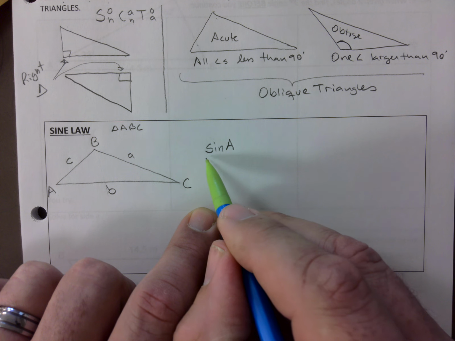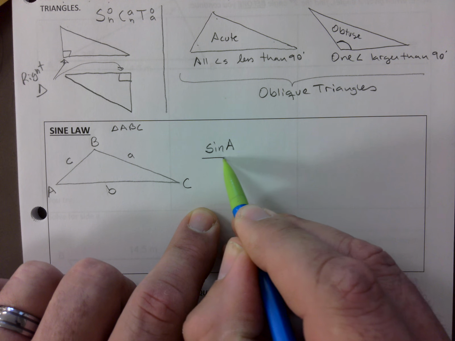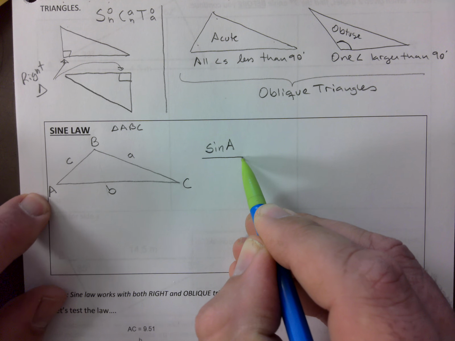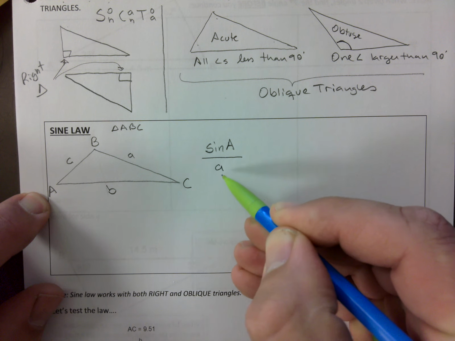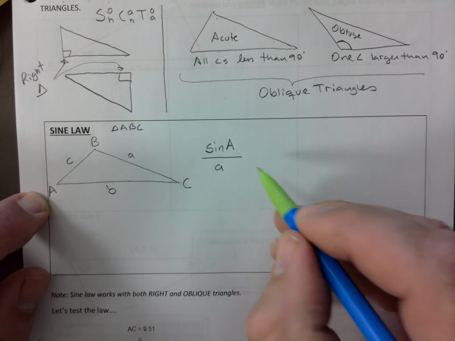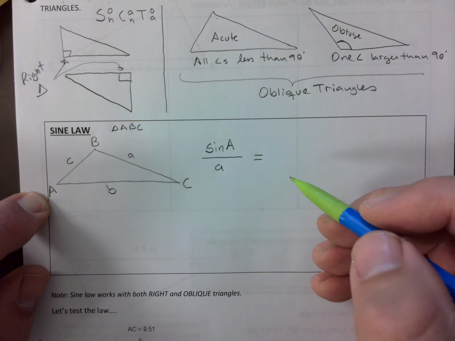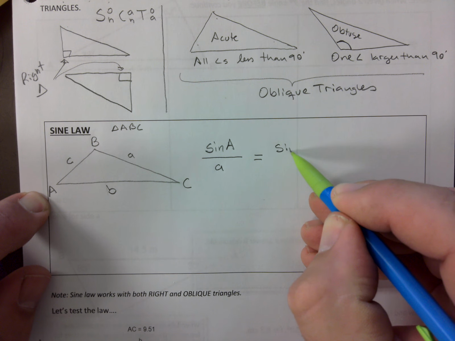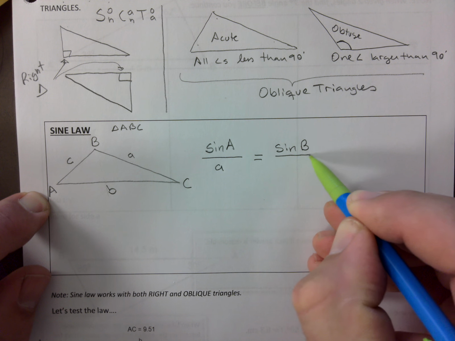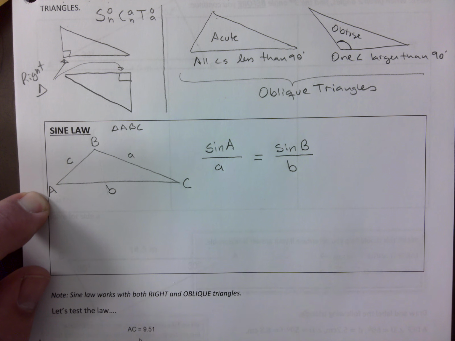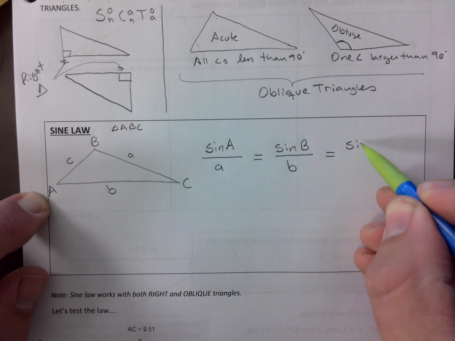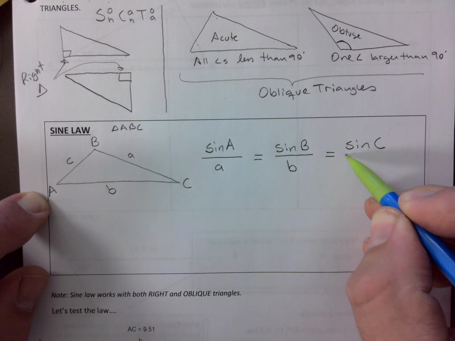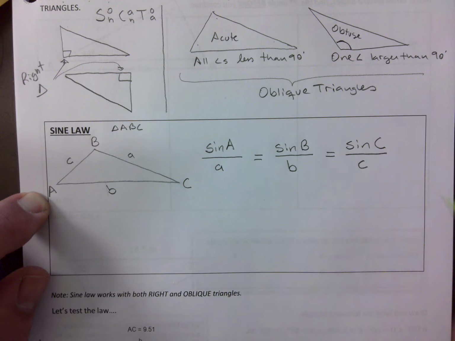Sine law states that if you were to take sine of angle A and divide it by the side across from it, that it would be exactly the same as sine of angle B divided by side b, and that in turn would be the exact same as taking sine of C over side c.